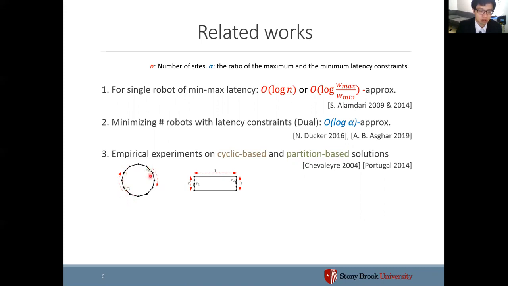So it's like this, we have two robots, R1 and R2 here. The partition-based solution is to partition the area into many subregions, and each subregion is assigned a robot. For example, R1 patrols these 5 sites, and R2 patrols these 5 sites.